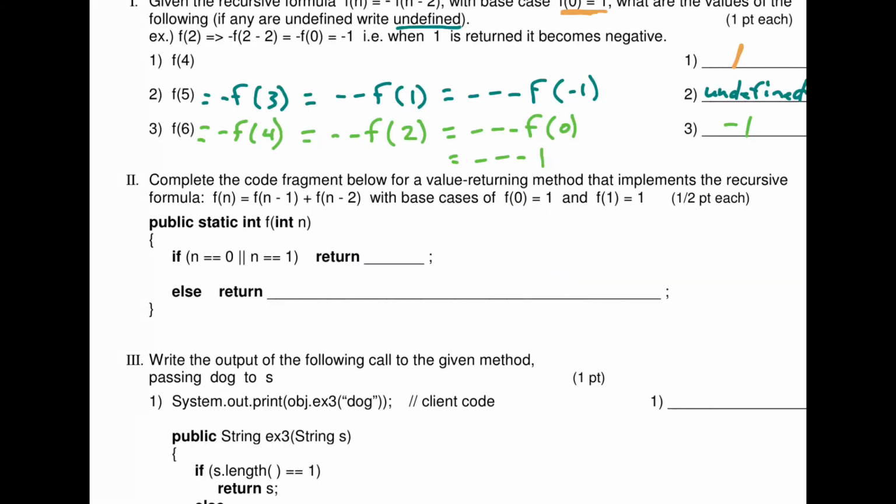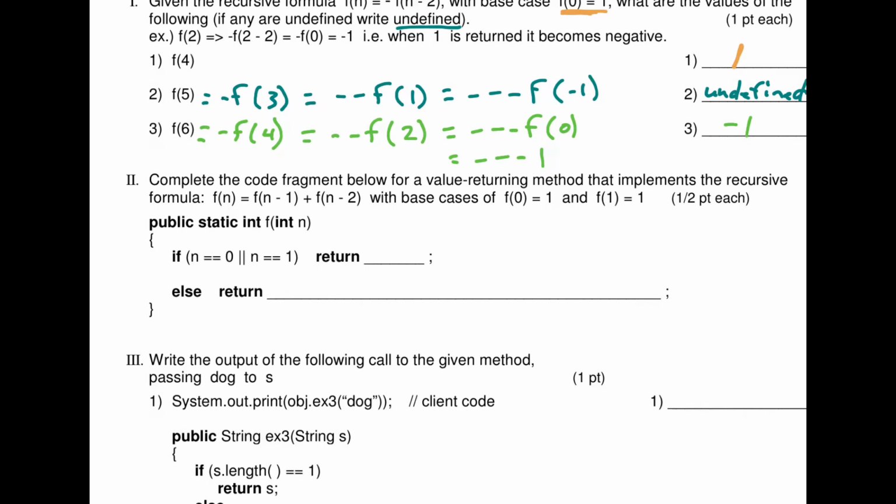All right, we have this coding block here. So I'm going to complete the code fragment for a value returning method that implements the recursive formula f of n equals f of n minus 1 plus f of n minus 2 with base cases of f of 0 equals 1 and f of 1 equals 1.